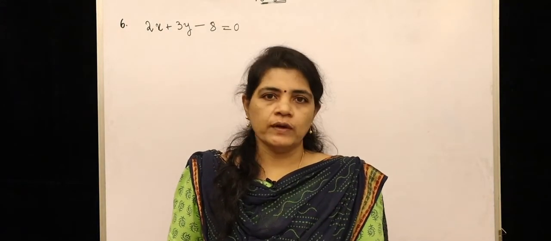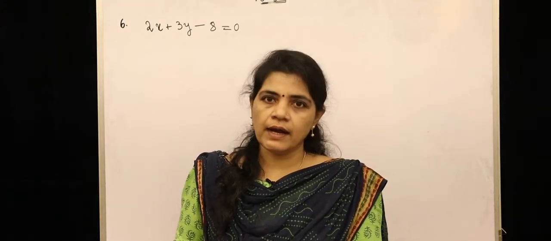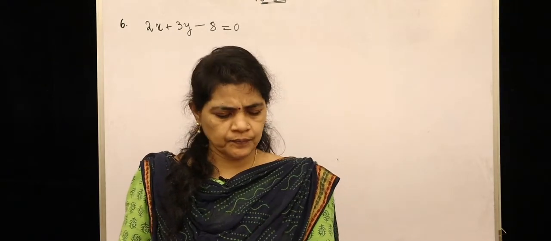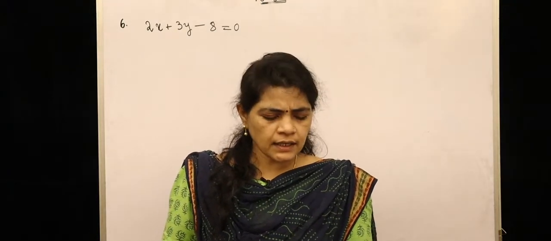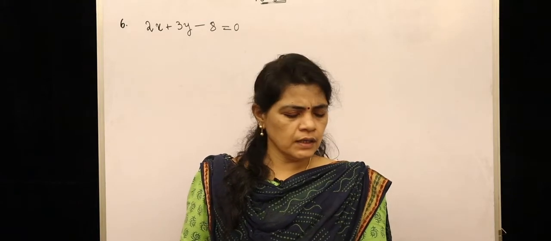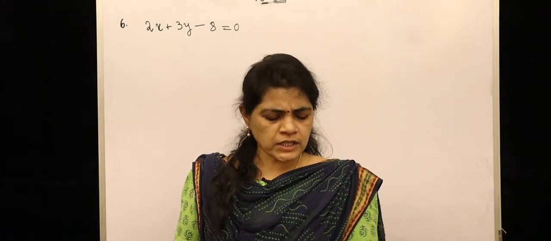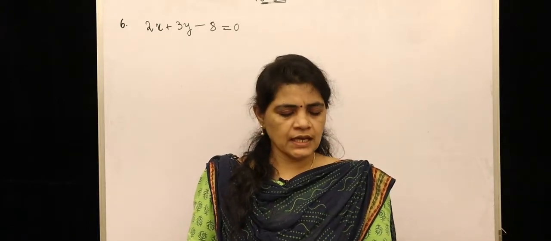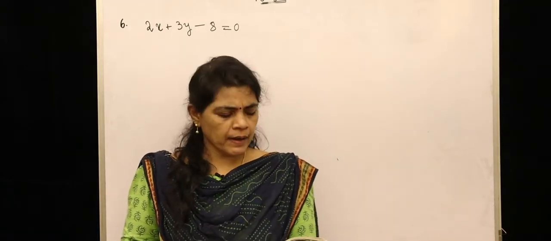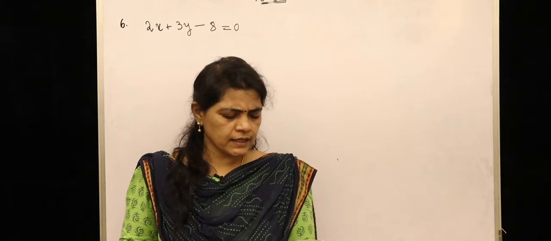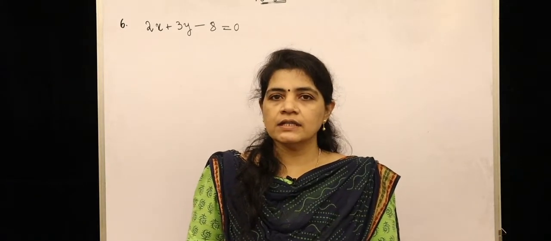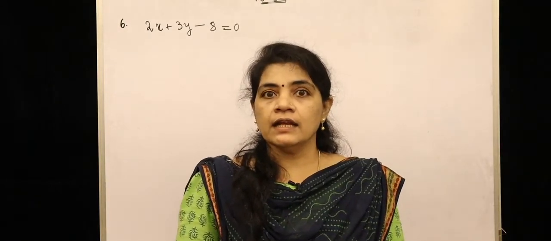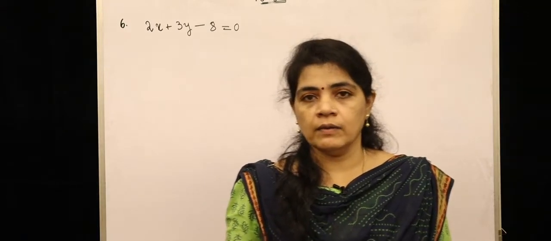Given the linear equation 2x plus 3y minus 8 is equal to 0. Write another linear equation in two variables such that the geometrical representation of the pair so formed is intersecting lines, parallel lines and coincident lines. That means we have given a linear equation in two variables.